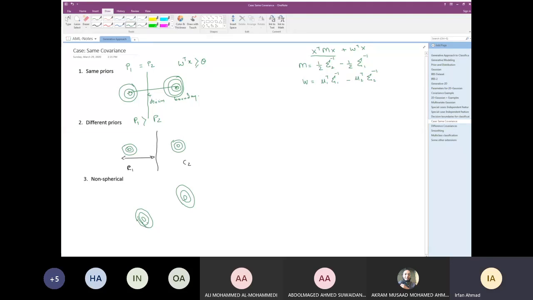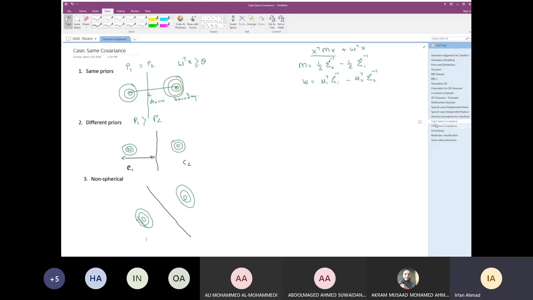First question, are we still going to get a linear decision boundary? The answer is yes, right? As long as the covariance is the same, the decision boundary is linear, but because there is a tilt, the boundary will also be tilted. Same thing, and you still have the same rule, W transpose X greater than or equal to some theta, to make your classification decision. If you have any question, let me know.